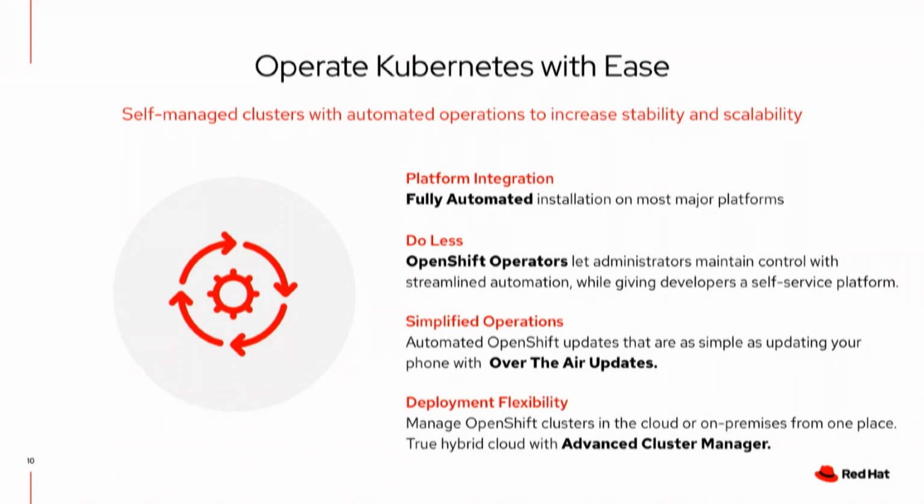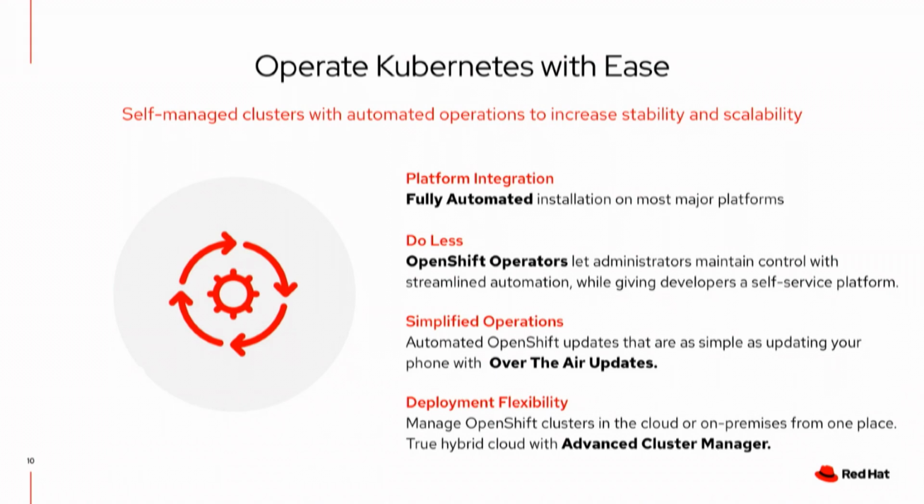Like I said, we're going to go into detail on a few of these topics, but at a high level, the first is the installation. You got to get OpenShift installed. We try to make it as easy and as painless as possible with a fully automated installation process. Next, we have operators, and we're going to dig into what operators are, but operators enable easier expansion of the OpenShift capabilities and easier management of OpenShift.